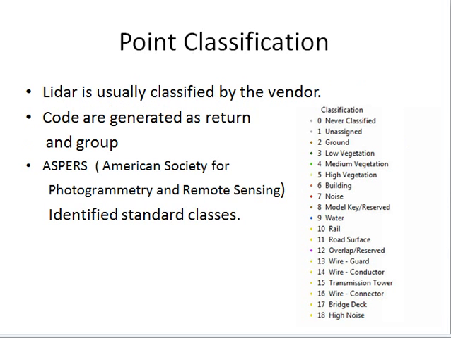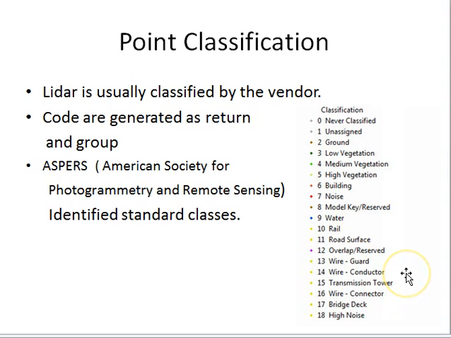And then typically the points that you get back from a vendor, so there are LiDAR vendors, who are people who have the planes, the equipment, and then the software to take that point cloud, all that point data, and classify it into ground points, low vegetation, medium vegetation, high vegetation, buildings, noise, and they have the data classified, which is amazing if you can ever find that.